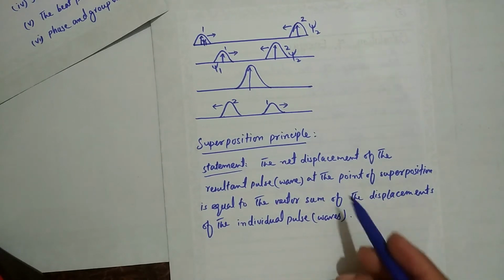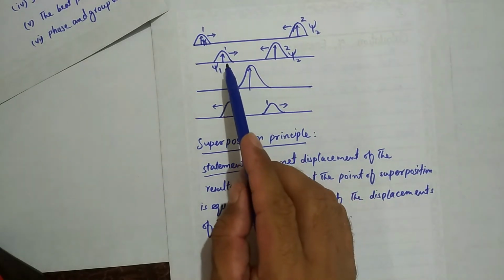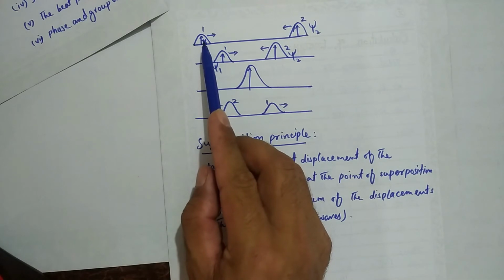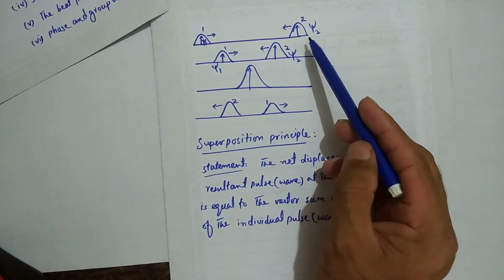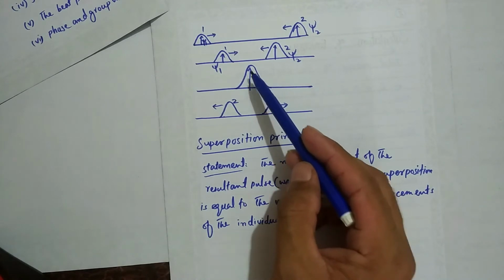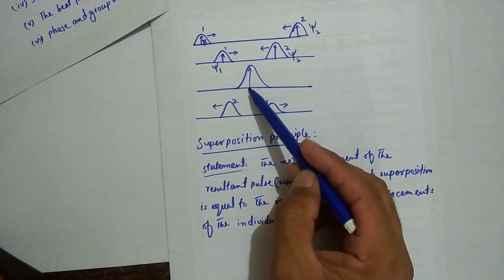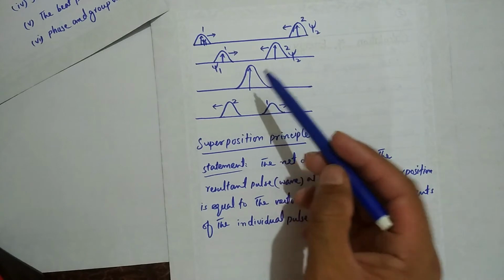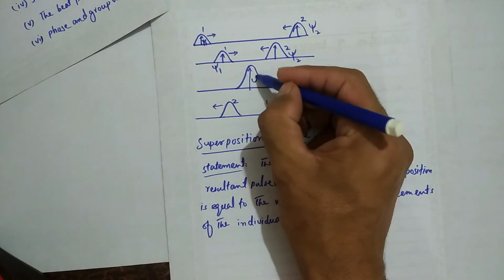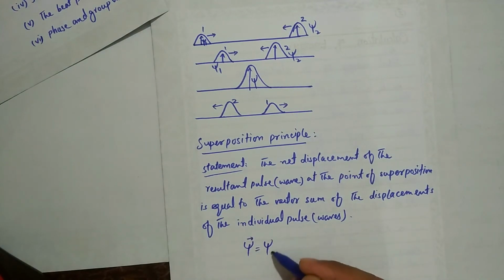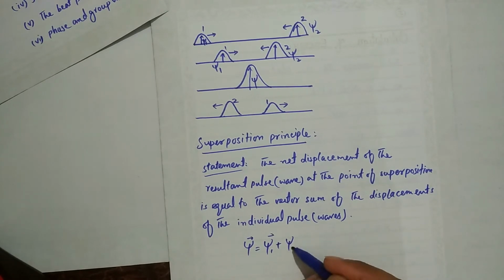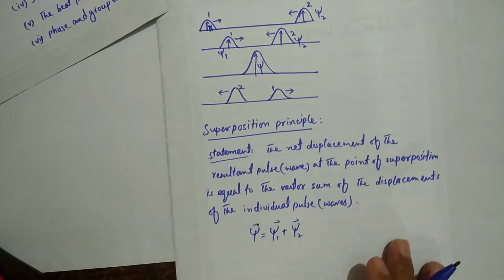This means that if psi 1 is the displacement of the first pulse and psi 2 is the displacement of the second pulse, and when they approach this point where the superposition takes place, then the net displacement of this resultant is equal to the vector sum of the displacements of the individual waves.